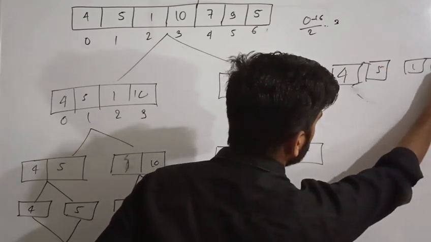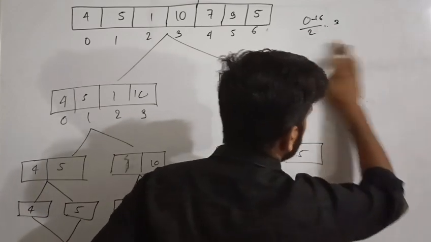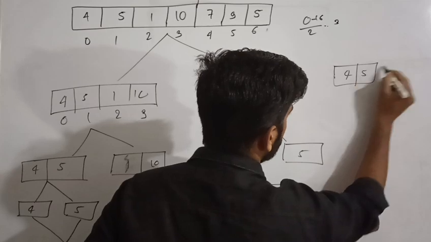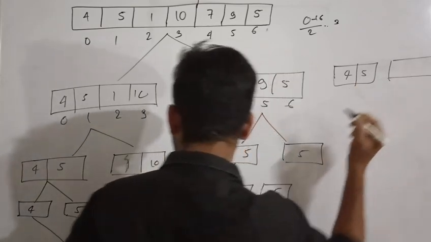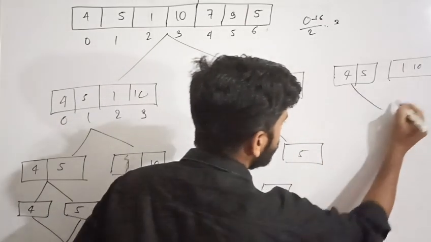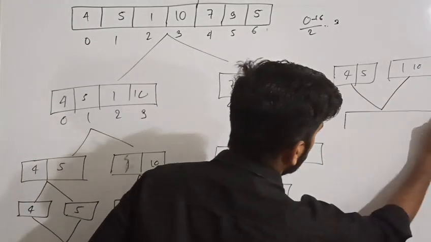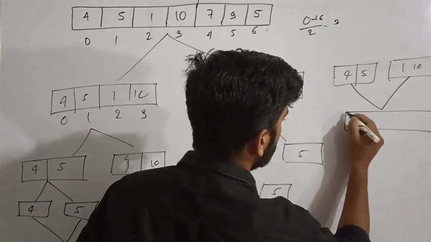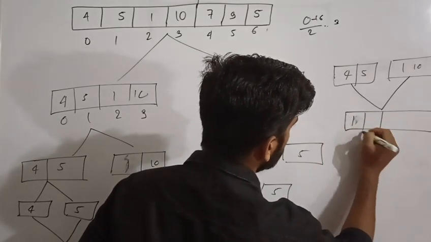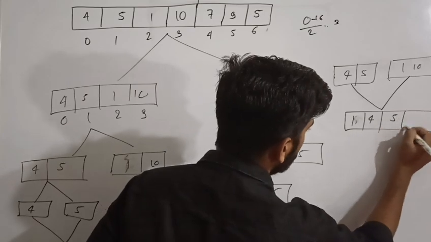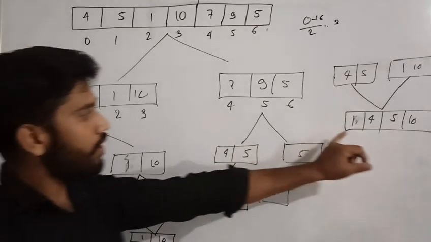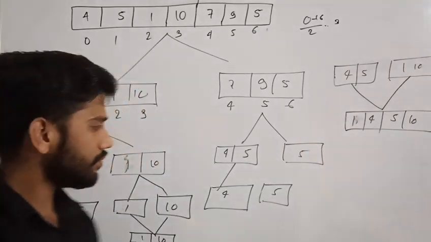Now this will be merged again. If it is merged, it becomes 1 4 5 and 10. This half has been merged: 1 4 5 and 10.